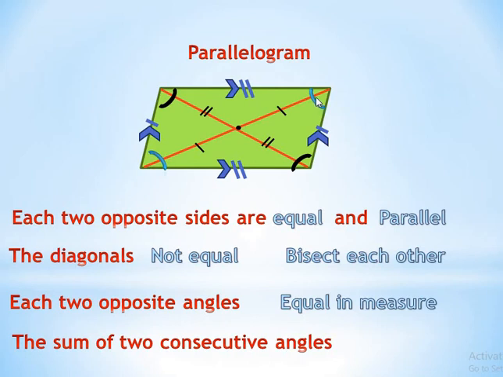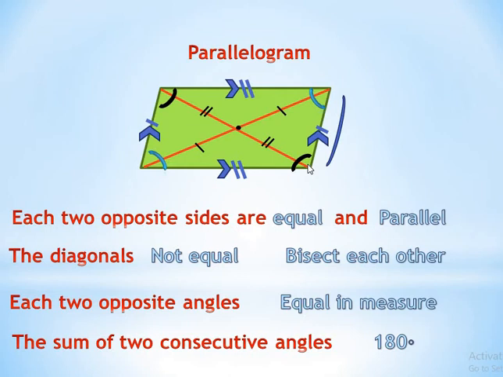Because they come after each other. These two angles are consecutive, and these two, and these two. So the sum of two consecutive angles equals 180.